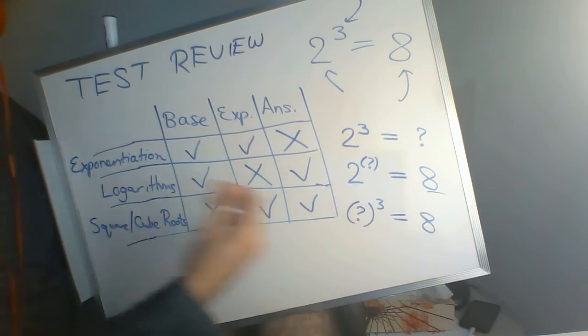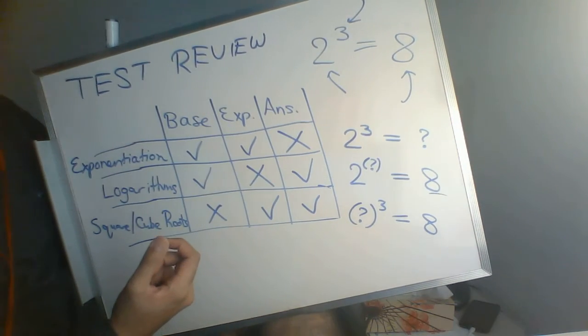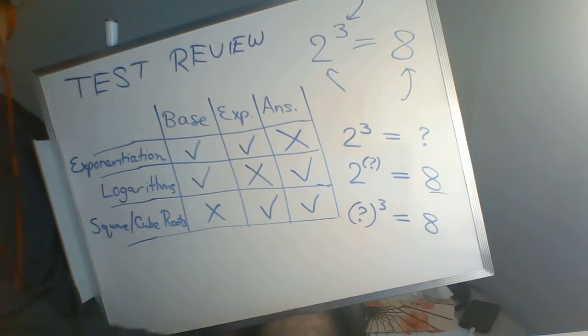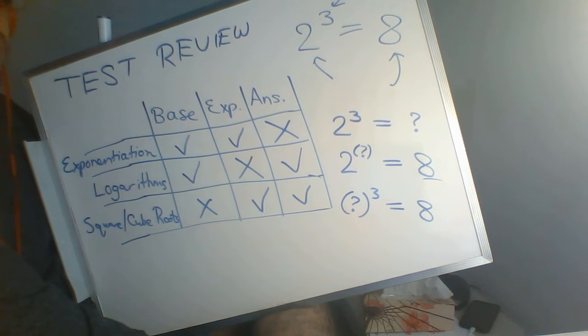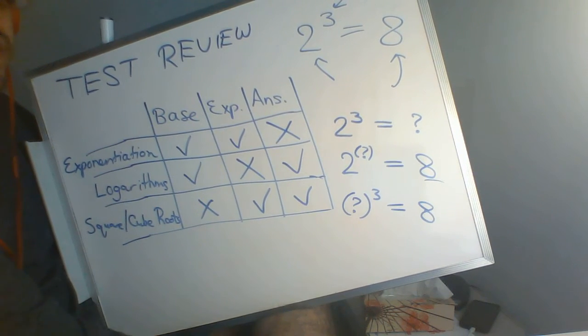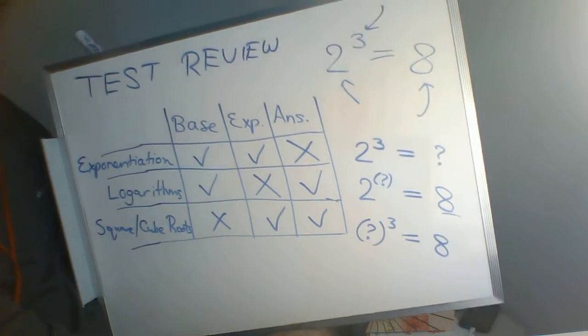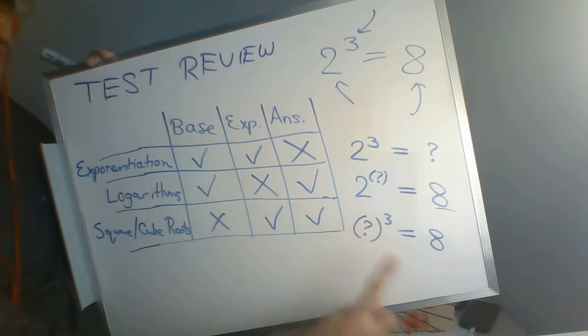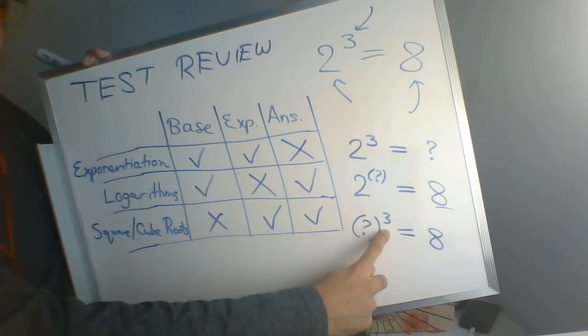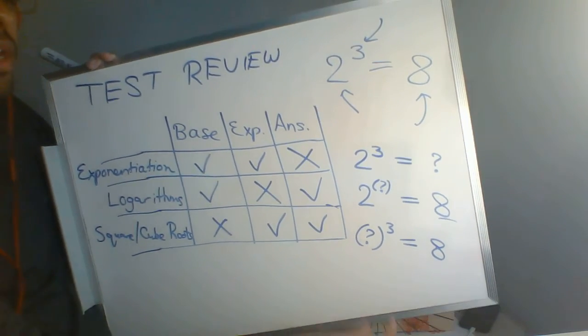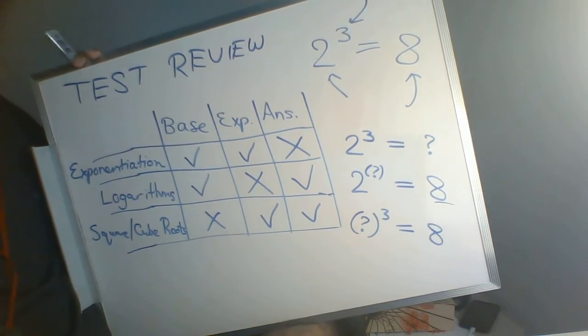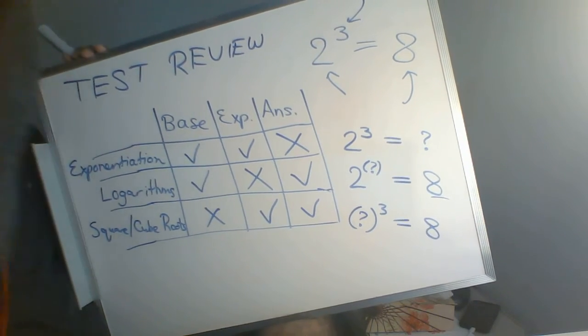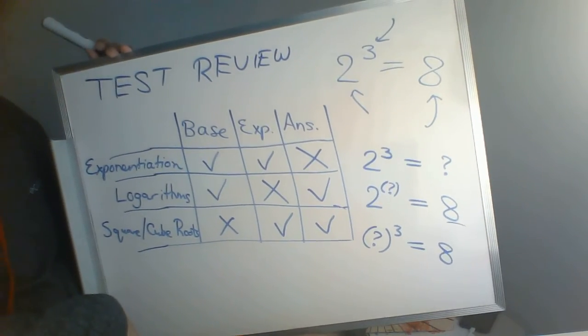So you would know that you'd be cubing something, and you'd know the answer that you're targeting, so you could sort of reverse engineer your way to figure out what number it is that you're cubing. But chances are on the test I'm really only going to focus on the square root part of it, so you'll know you're squaring a number to get a larger number, and you want to find out what that base is. And so to do that, that was the whole solving square roots by hand.